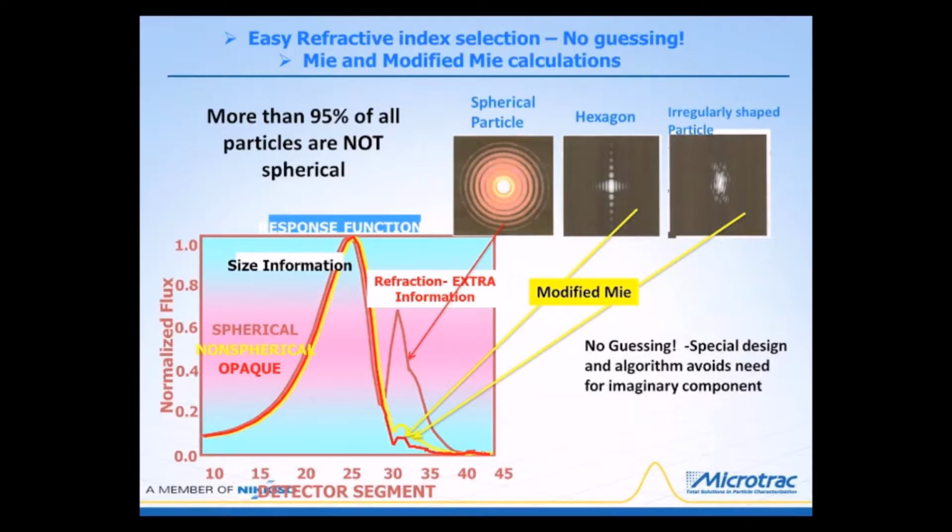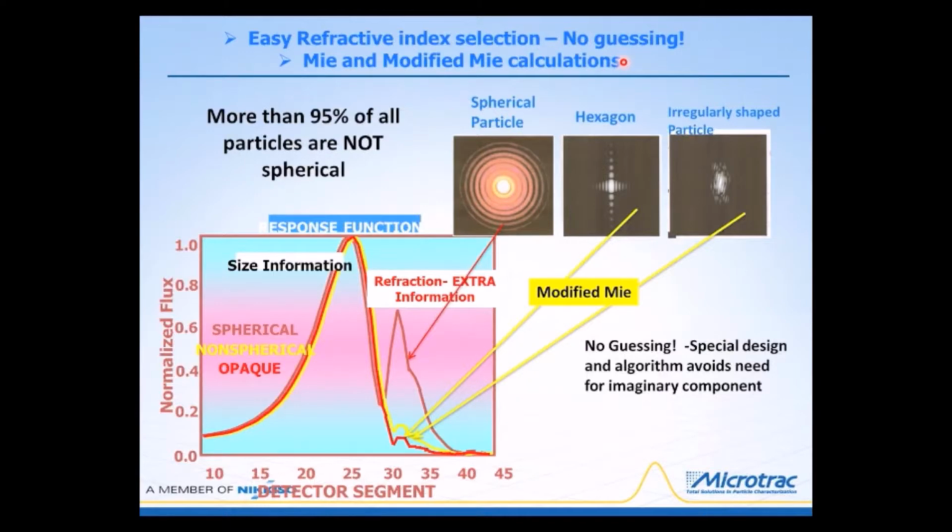One of the things that this allows us to do because of these calculations is to make the refractive index selection very easy. There's no guessing, there's no playing with different refractive indices or anything of that nature to achieve a presupposed particle size distribution.